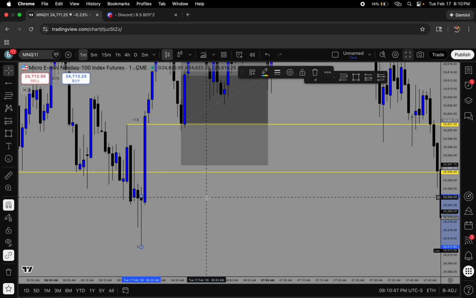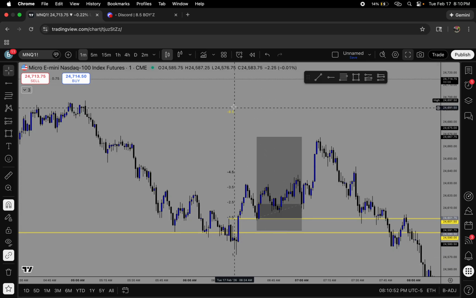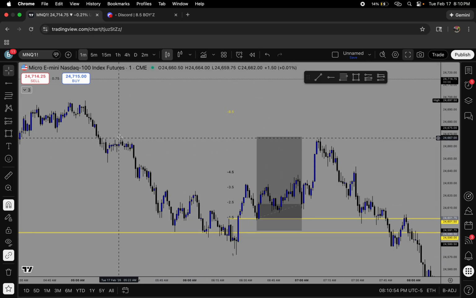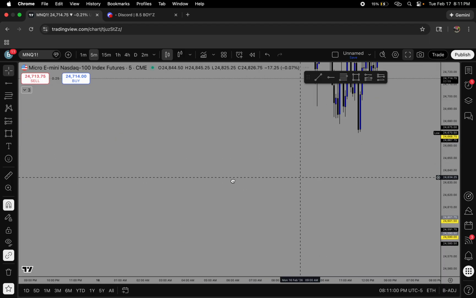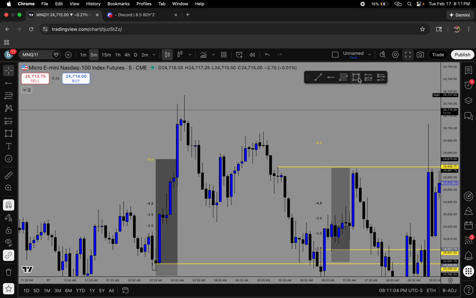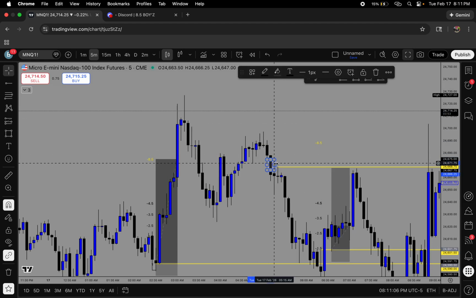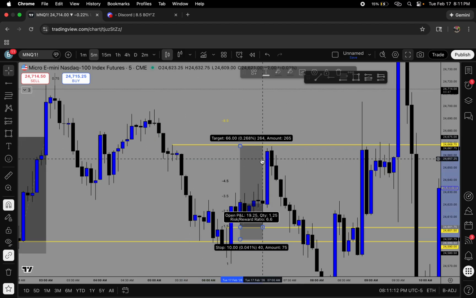It makes sense with a large wick like this. I would have exited around here. It just makes more sense too. So we're here on a 5-minute. You have this gap. It just makes sense to exit there.